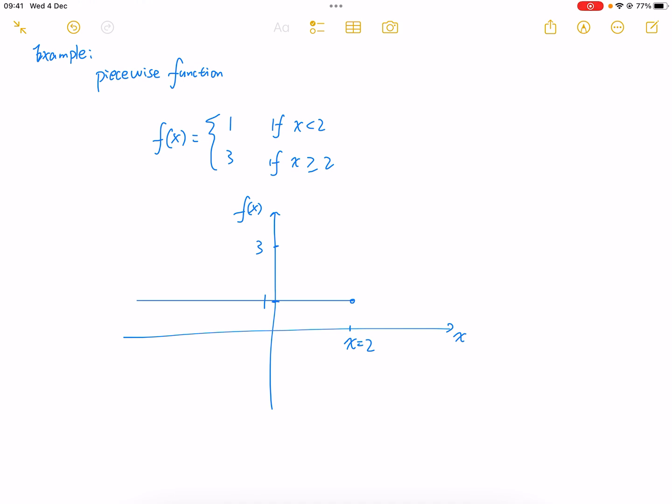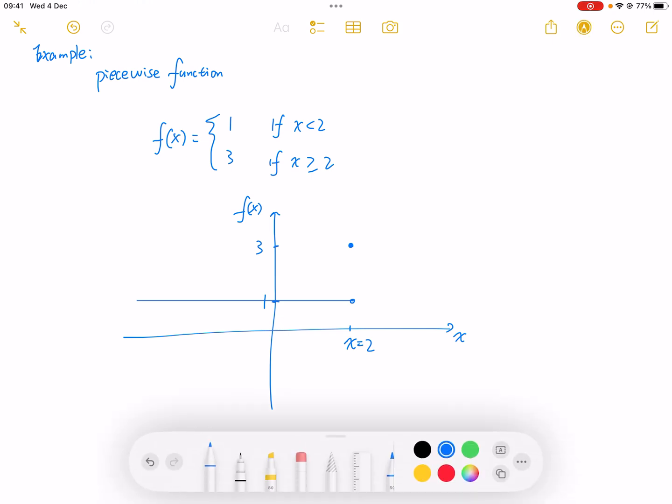So we will have a point here, because x will also equal 2.